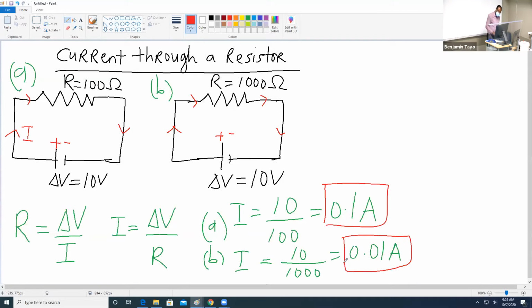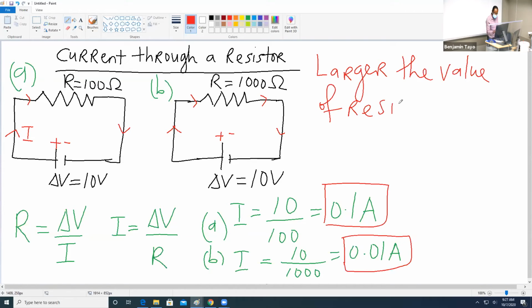So what you can see is that the larger the resistance, the smaller the current.